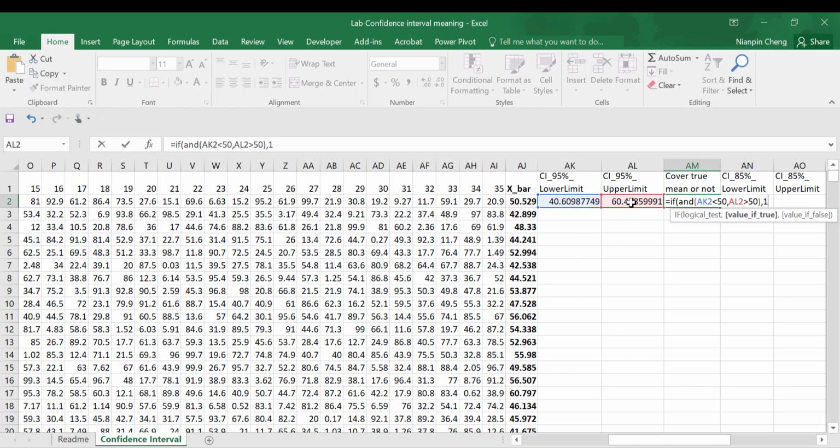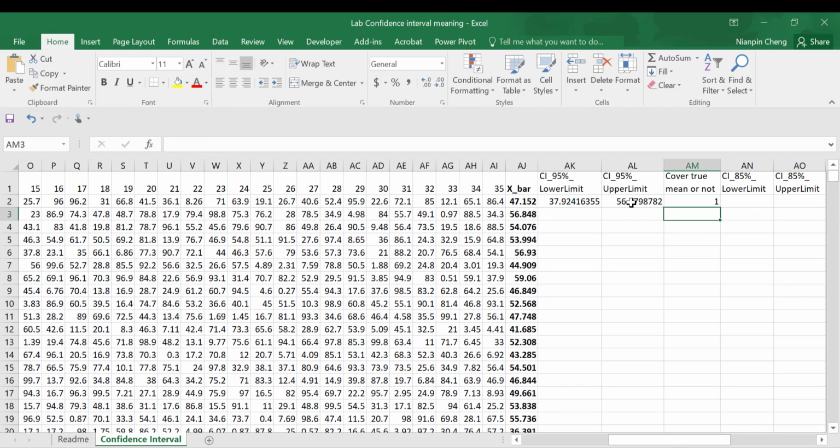If this is true, we say yes, that's 1. Otherwise, it's 0. Okay? So this is true. 50 is inside of this one.